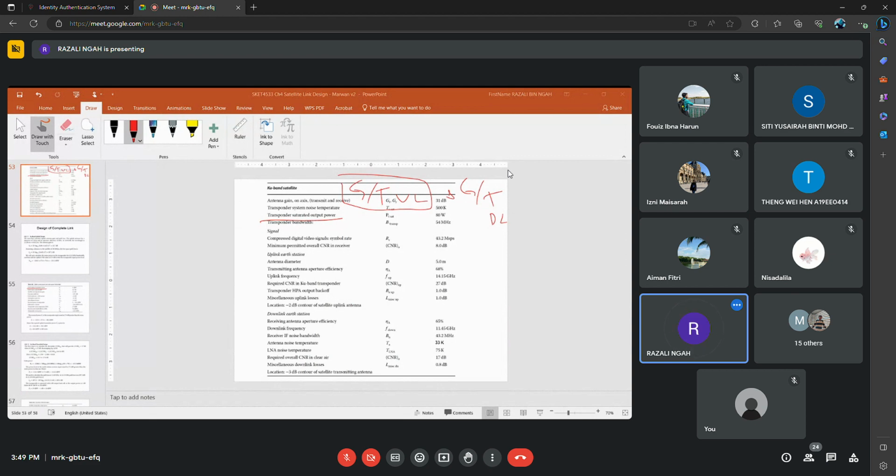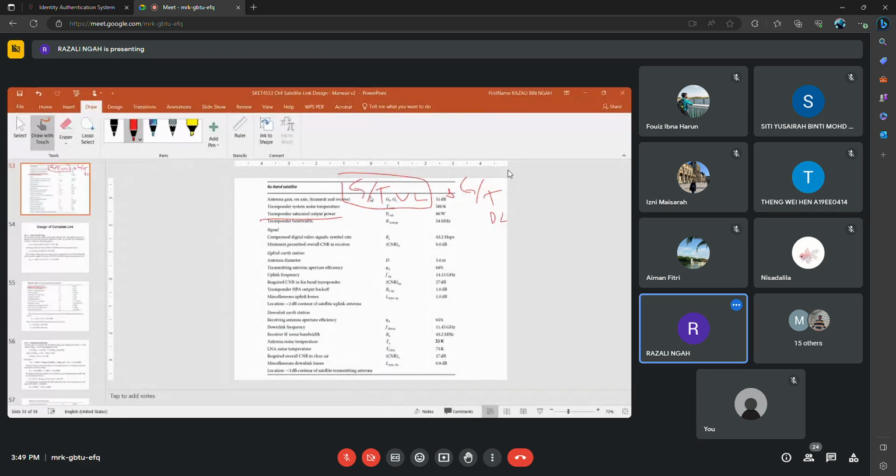Anis Suraya? Any? So my question is, in order to determine G over T uplink, is our receiver in the satellite or in the earth station?